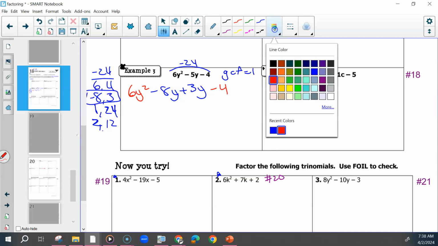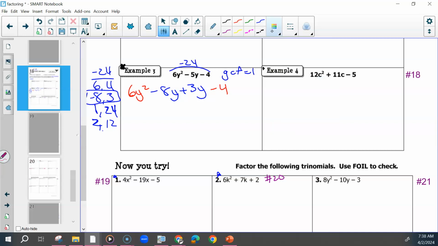Okay, and then split it where? In the middle. So right here? No. Right here? Okay. And then? You find the ones that go in each other.